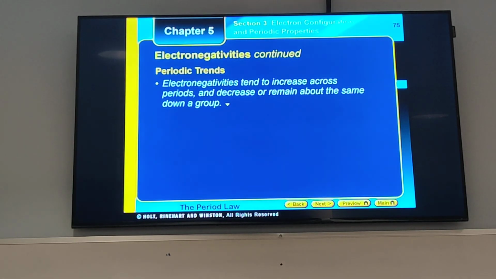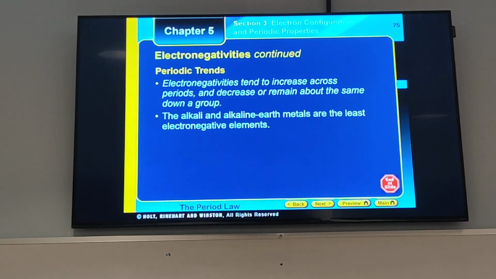So now let's just quickly go through the trends. As I go across the period from left to right, what's happening to the electronegativity? It's going up. As I go down a group, what's happening? It's going down.